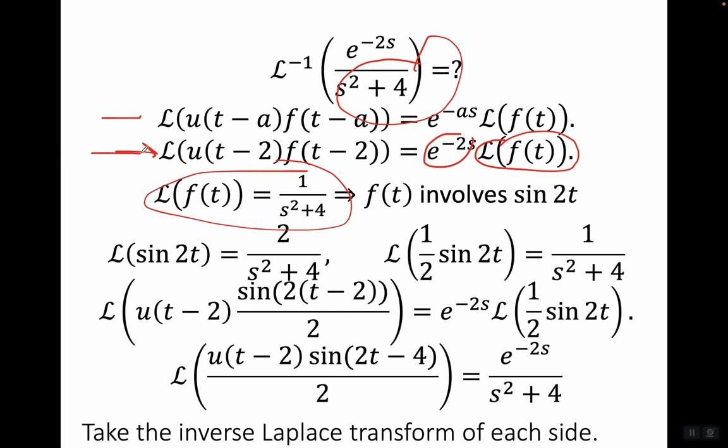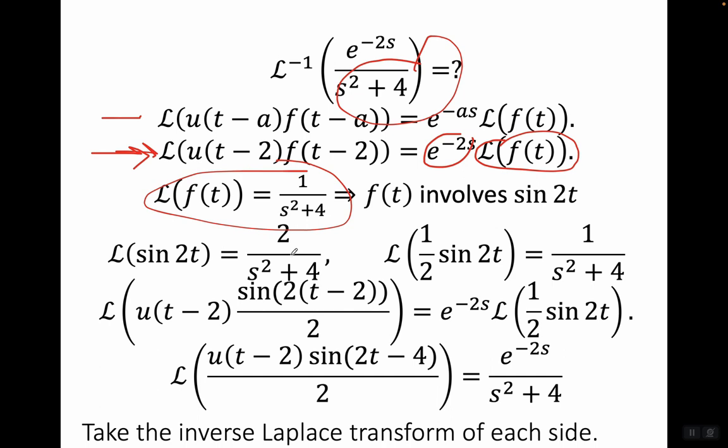So plugging that into the formula above, in other words, plugging in what we need for f of t, we end up with u of t minus 2 times sine of 2t minus 2 all over 2 equals e to the negative 2s times the Laplace transform of 1/2 sine 2t.